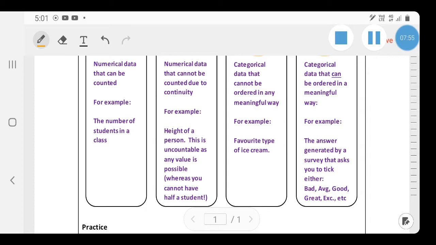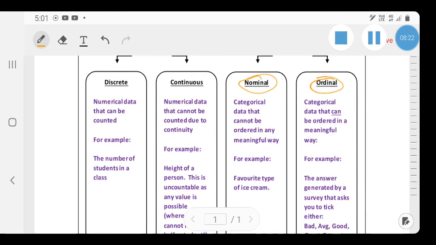Now these are categories, okay, and it's data, and there is an order to it, because bad obviously goes before average, average goes before good, good is less than great, so it goes before great, and then great is not as good as excellent, so it goes before excellent, and so on. So there is a logical order to those categories, even though it's not numerical.